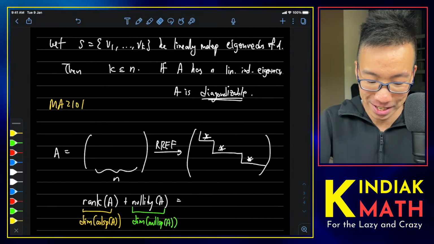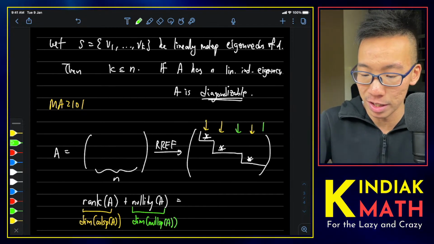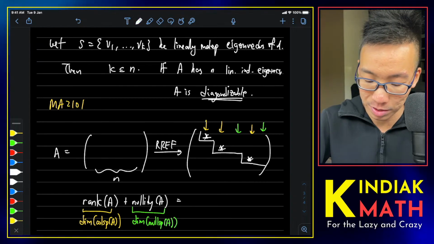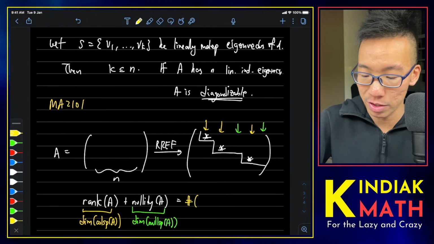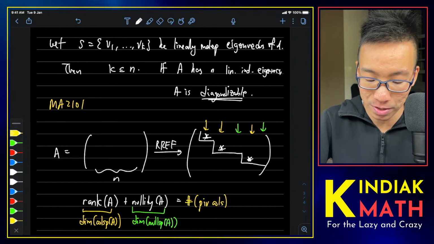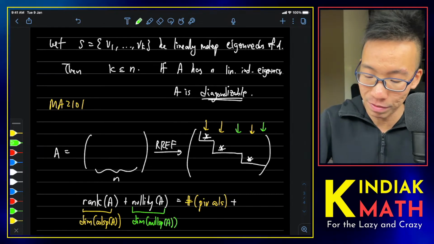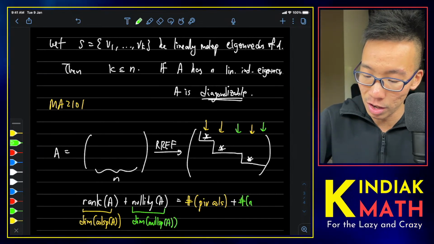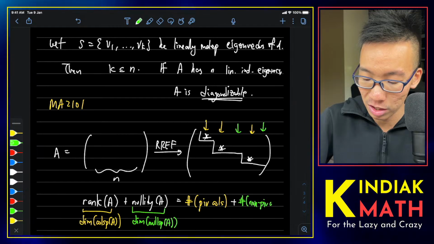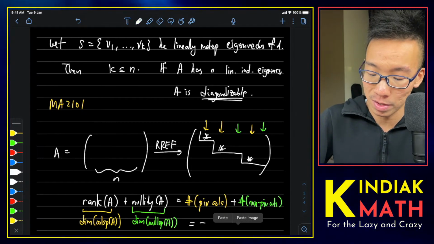That's a really interesting fact there. And then the dimension of the null space is given by the number of non-pivot columns. But this just gives us the total number of columns.